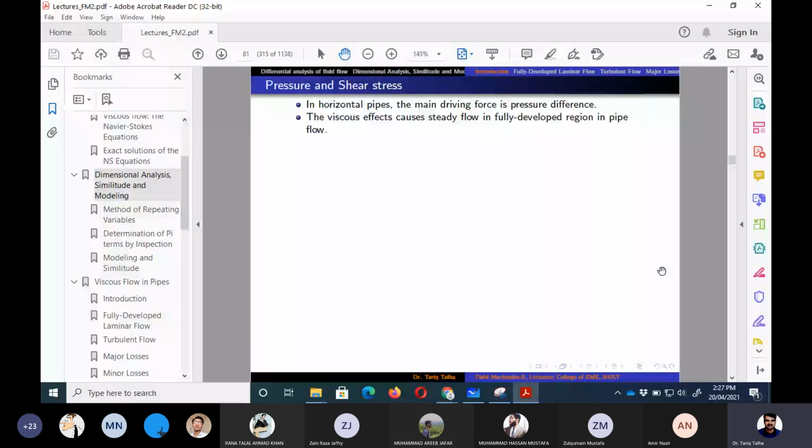It means that in the fully developed flow, there is an equilibrium between the pressure difference force, which is the driving force, and the viscous force, which is the retarding or opposing force. So that is why a particle in a certain streamline in the laminar fully developed flow would have the same velocity along the streamline.